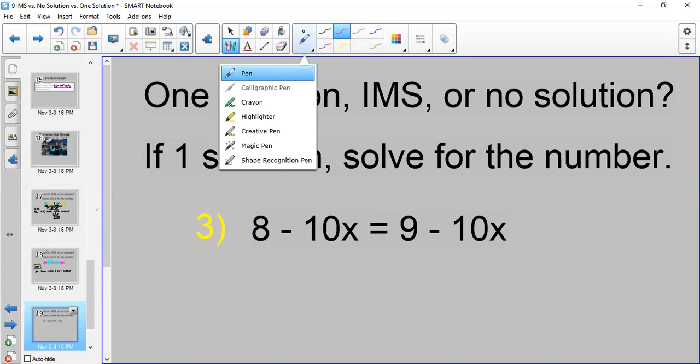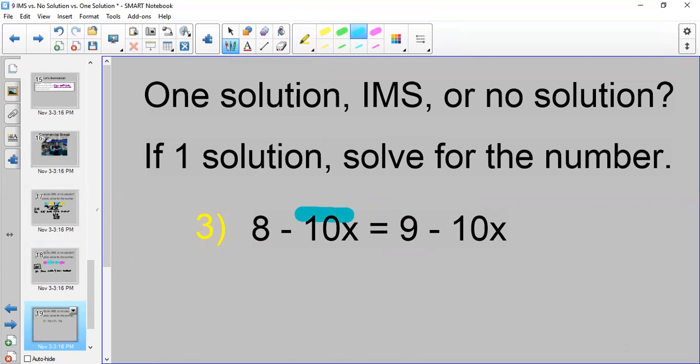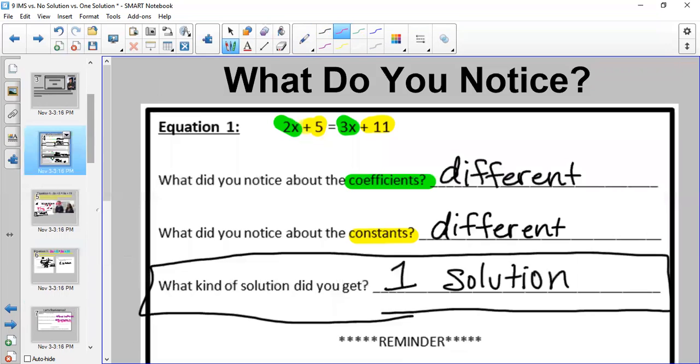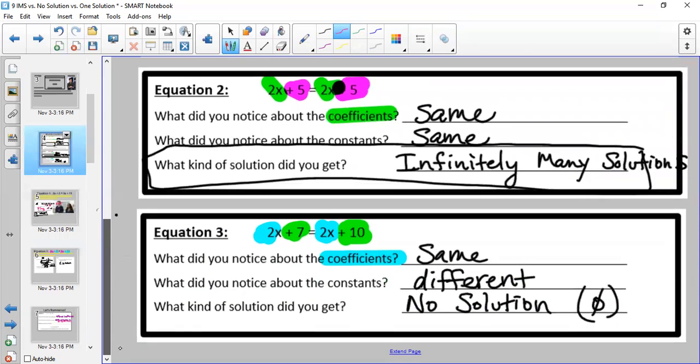I'm going to break out my highlighter again. So highlight my coefficients, my negative 10x on both sides. I'm going to highlight my constants, 8 and 9. So this is that same but different. So if I look at my sheet that we did at the beginning, the same but different, we are going to get an answer of no solution.